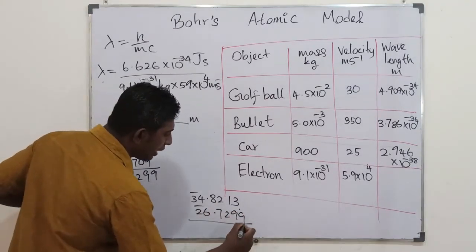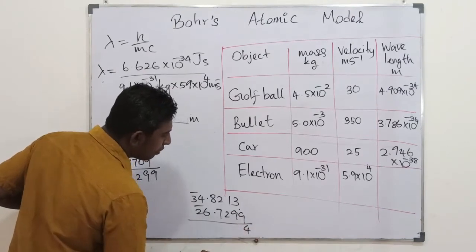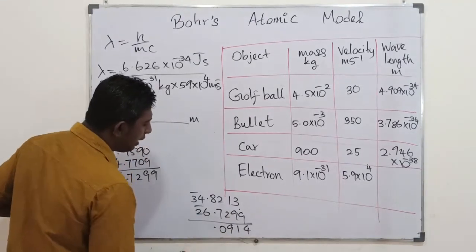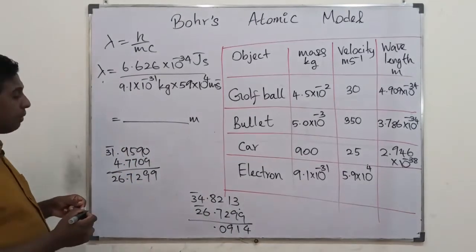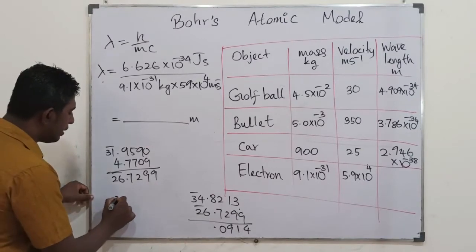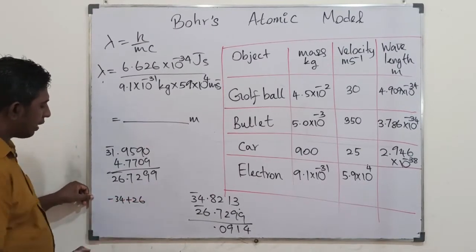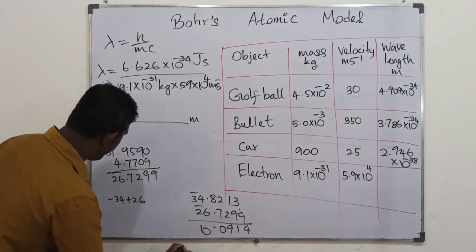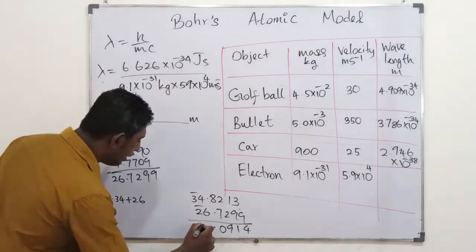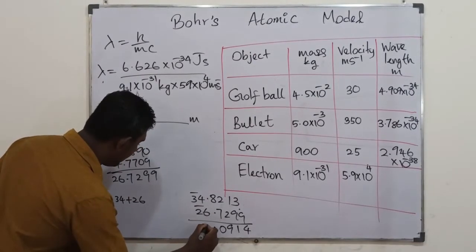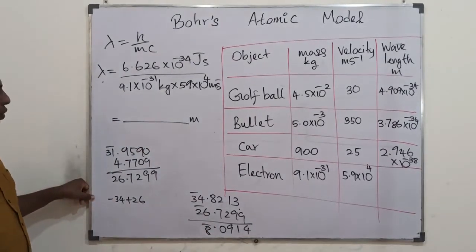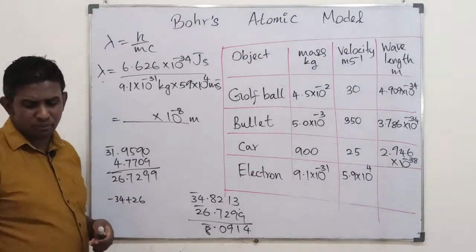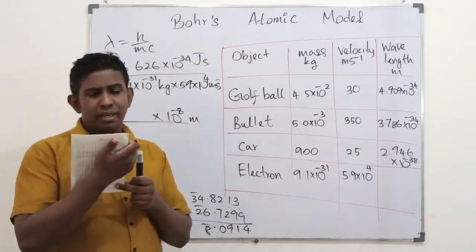So let's do the subtraction. 4 you have, 1 you have, 9 you have, 0 you have, minus 34 minus plus 26. The answer you get is in 10 to the power minus 8. So it is 10 to the power minus 8 into 0914. Let's find it out.